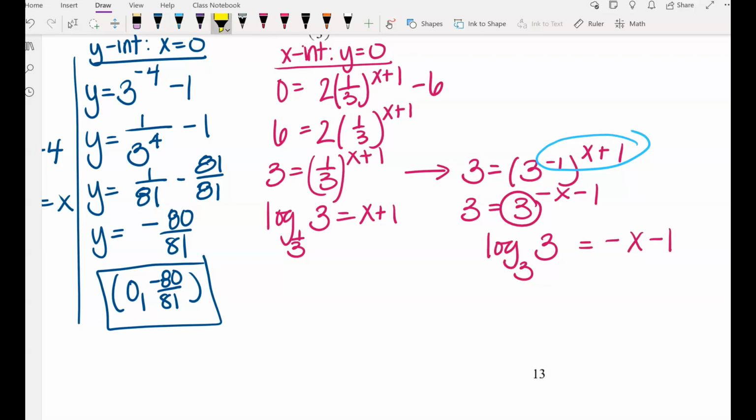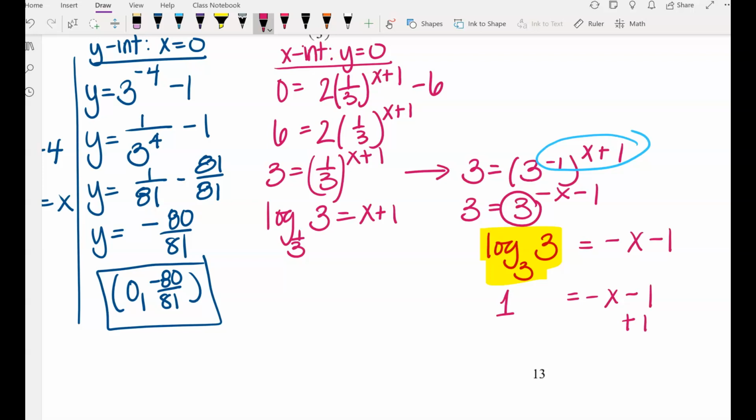Well, log base 3 of 3. In the prior unit, we taught you guys logs, right? And log base 3 of 3, y'all, is 1. Yep. Log base 10 of 10 is 1. Log base 5 of 5 is 1. Log base x of x is 1.